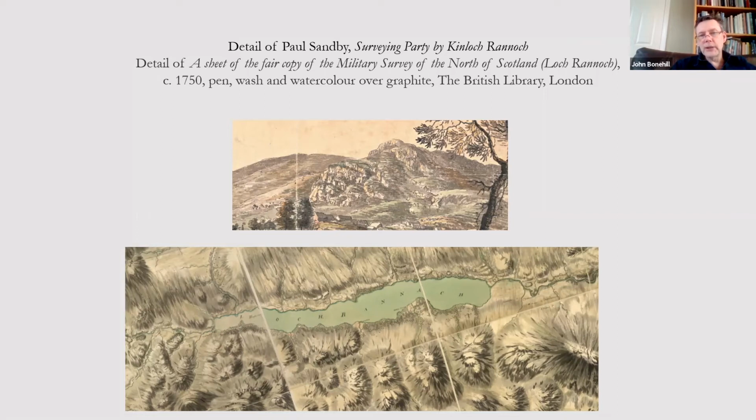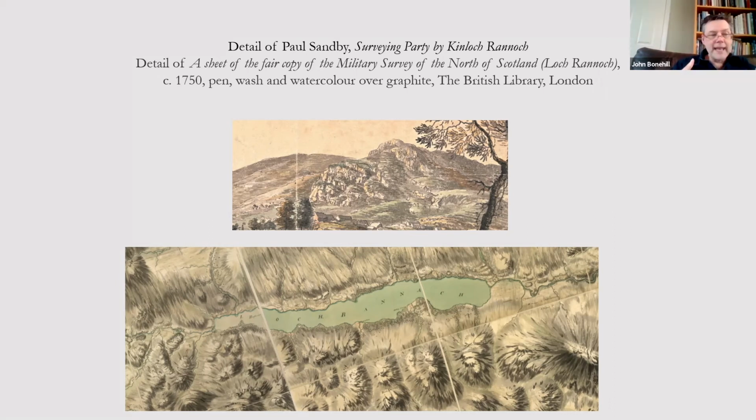The detail I'm showing you here, for instance, at the bottom, comes from a strip of the map showing the area around Loch Rannoch, where you can see the kind of relief work that Sandby was responsible for, this highly painterly and distinctly virtuoso-like style of terrain drawing in pen and wash, where aligned brushstrokes indicate the direction of slopes and graduation of tones suggests steepness and height.